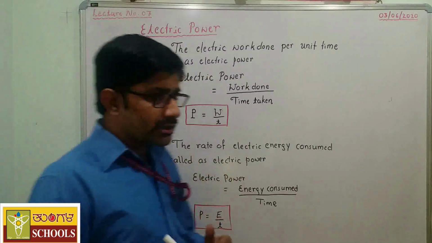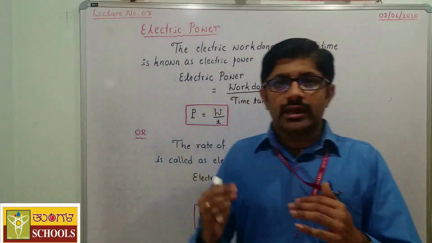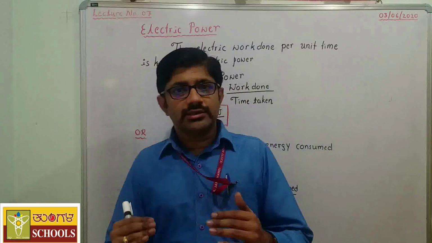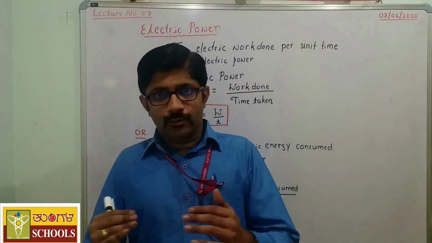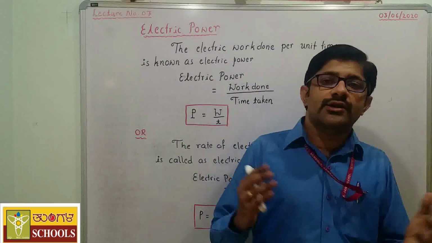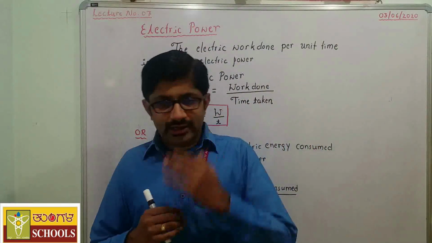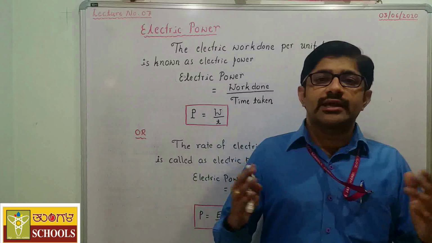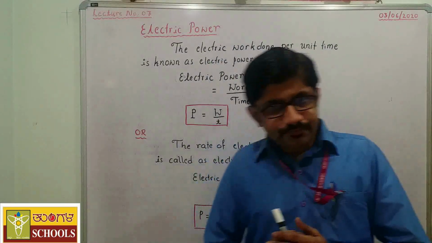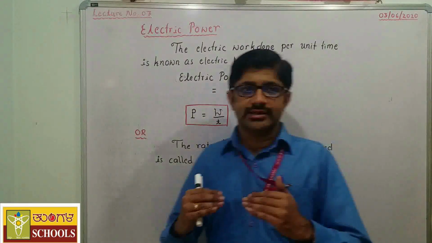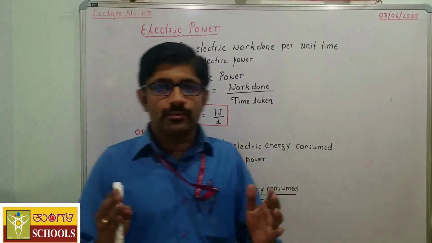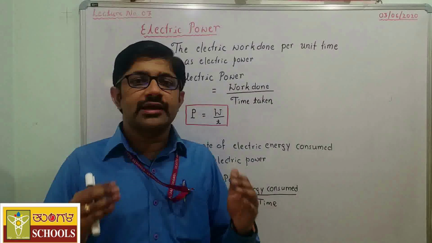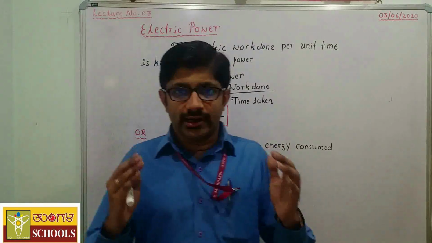Before going to that, in mechanics, we define power as the amount of work done with respect to time, or the time rate of doing work, that is known as mechanical power. Similarly, in electricity, current flowing through the conductor must do some amount of work. That work is known as electric work done.